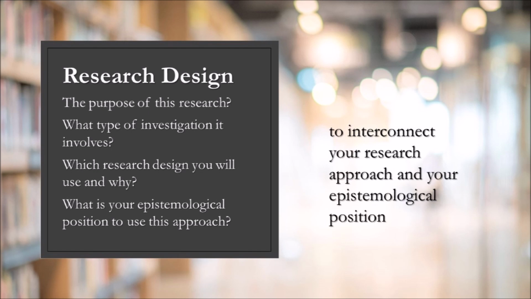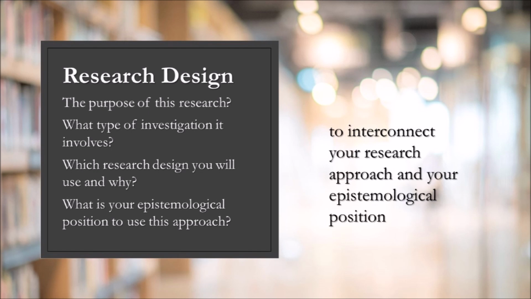I can talk a little bit about the epistemological position that you should describe with reference to your research purpose and also providing references from the literature that you have read for this research approach. For example, maybe you are interested in a realist perspective where you assume knowledge as pre-existing, to be discovered.